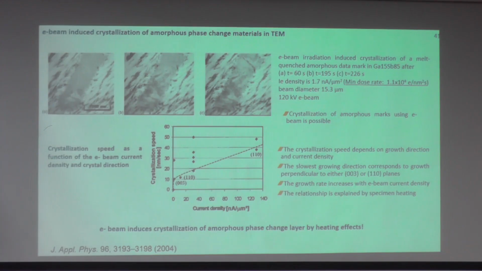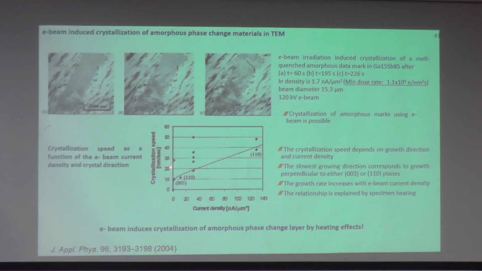So in this case, this crystallization process was achieved by a 120 kiloelectron volt electron beam, and from such data it's possible to also extract some interesting data like the crystallization speed.